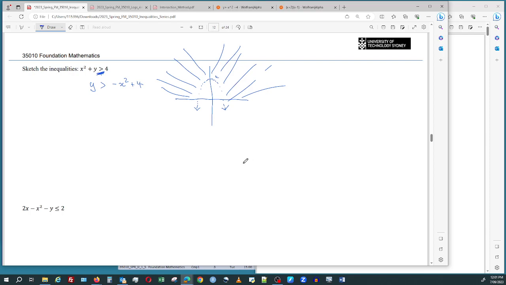Okay, and that includes the values that slip down here. So they're still greater than the function value. Remember, this goes on infinitely. So it includes these areas here.